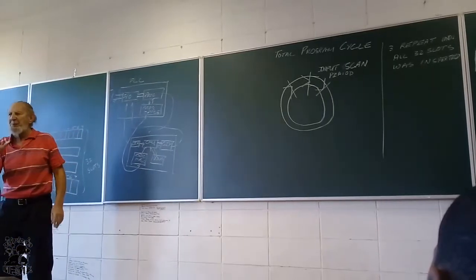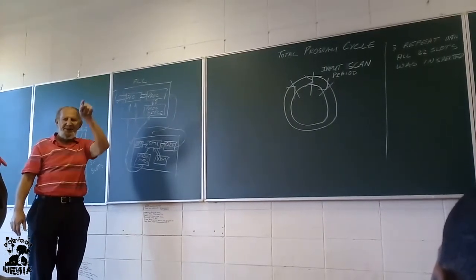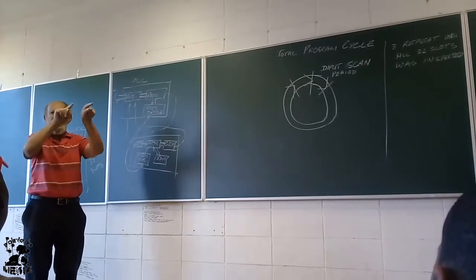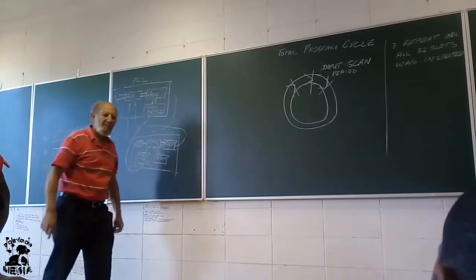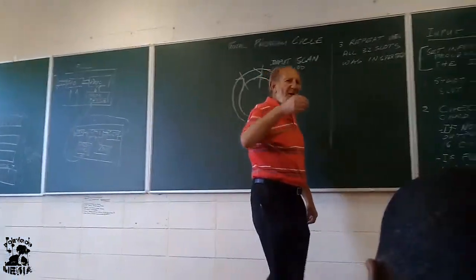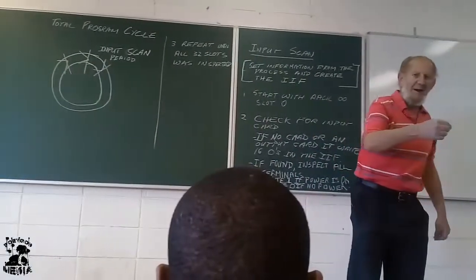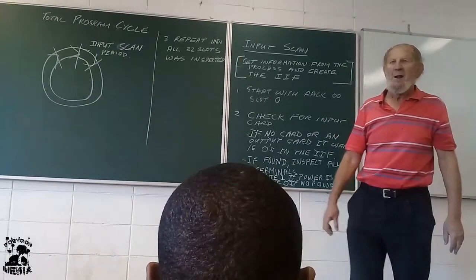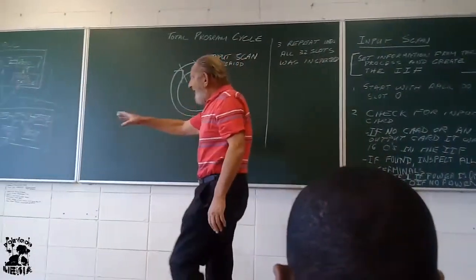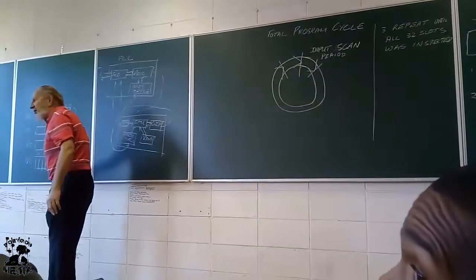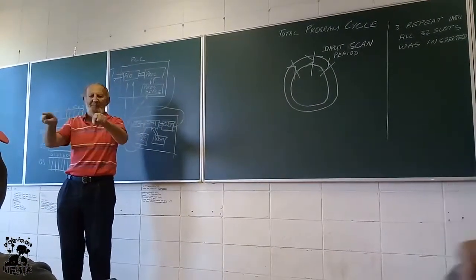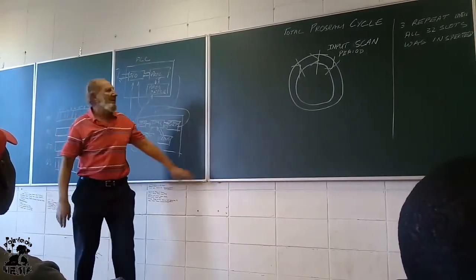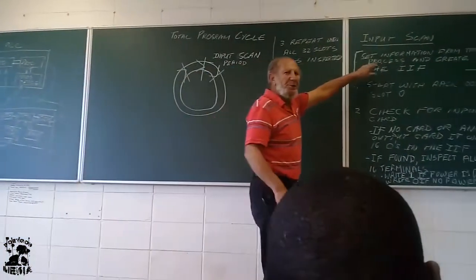If it finds one, it inspects the 16 terminals and puts a 0 or 1 into those 16 bits. If there's power, it puts a 1 there. If there's no power or no connection, it puts a 0. So at the end, when it's done all 32, those 512 bits will be filled with zeros and ones. So it creates the input image file.